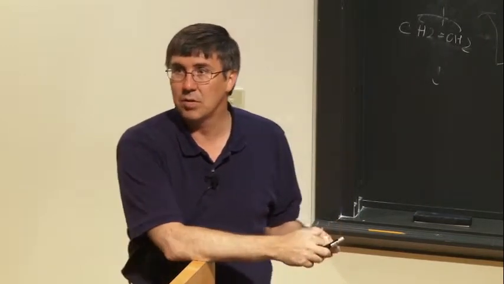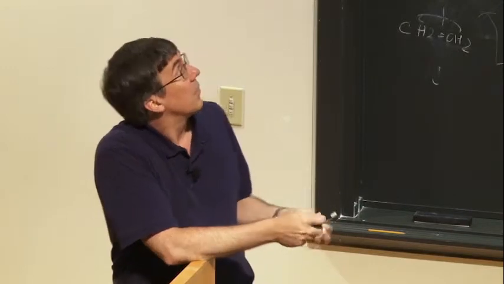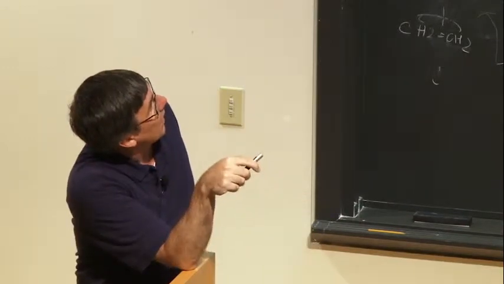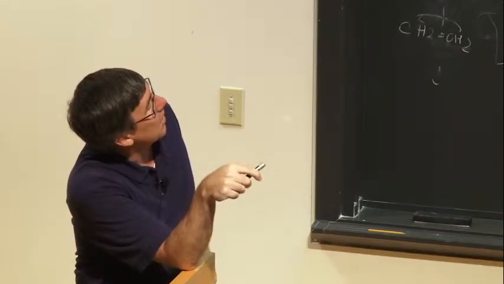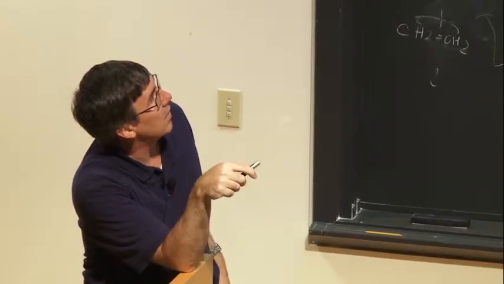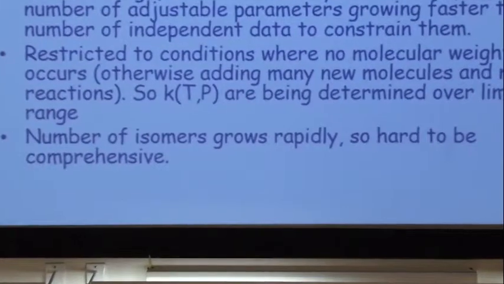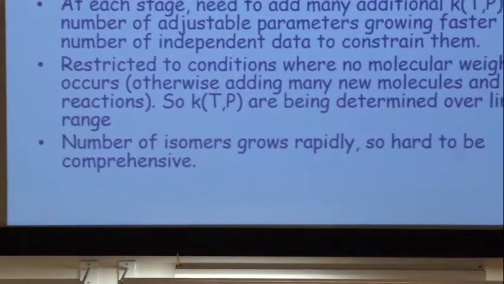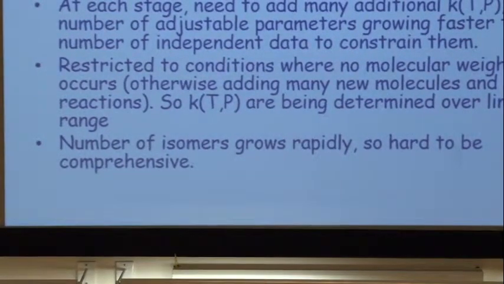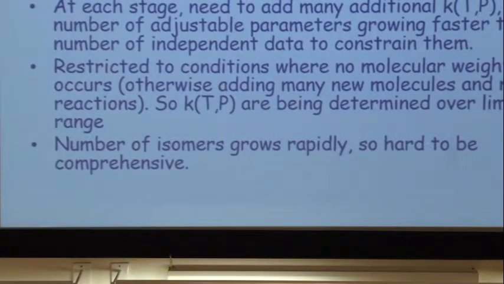So you have gaps all through your data. And in general, it's just a bookkeeping issue also, that you just get so many isomers. It's hard to be comprehensive if you're trying to do everything. I'll show you later computer ways to do this, and it's possible to do it, but even with a computer, it's actually hard to enumerate all the things. And originally, they were doing this in the 80s, trying to do it by hand. It was just not possible.